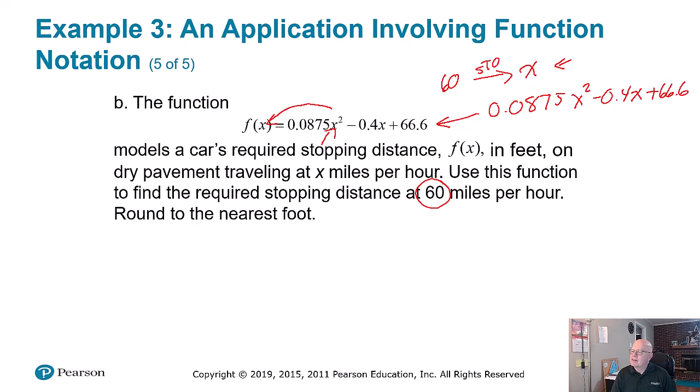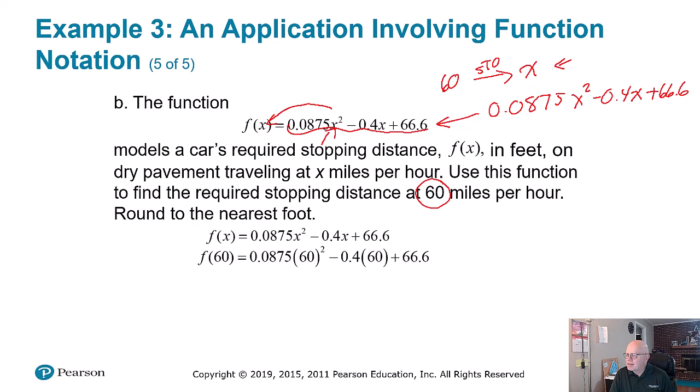Now with this function, you're going to get a more accurate one because you don't have to make a guess as to where that function is going on your picture. So there's your function. Put the 60 in where the x's were. And of course, I showed you how to do it a little bit easier with the calculator, but it's not necessary to use the calculator.